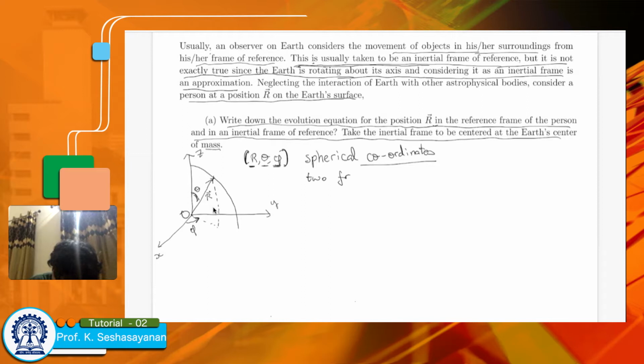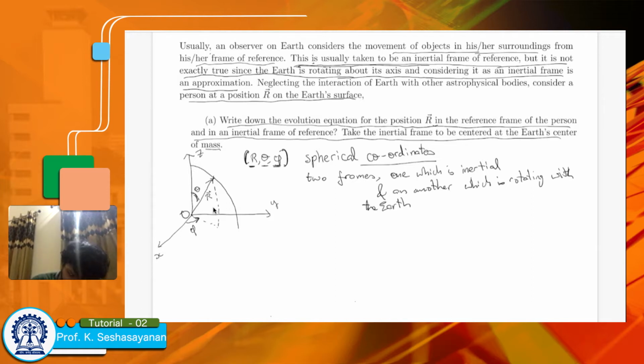frames, one which is inertial and another which is rotating with the Earth. So you have a rotation rate omega.